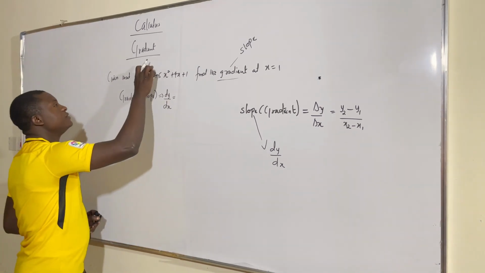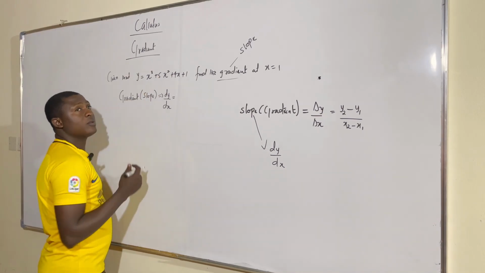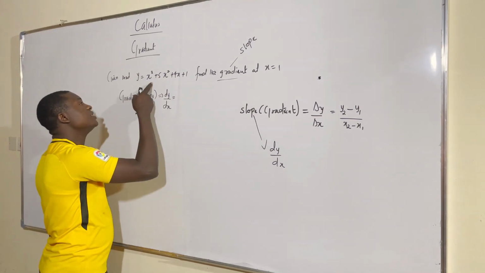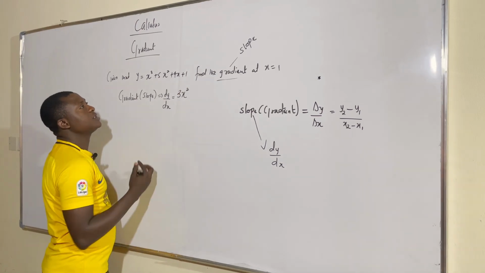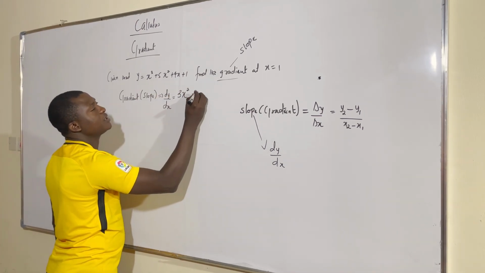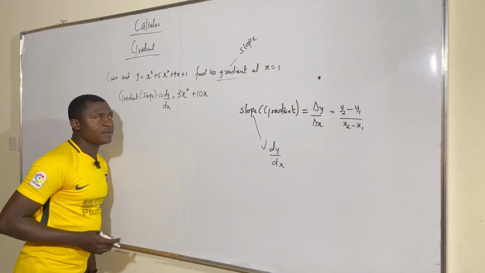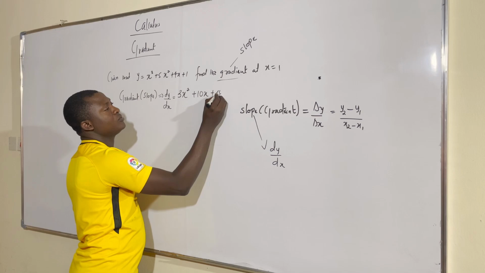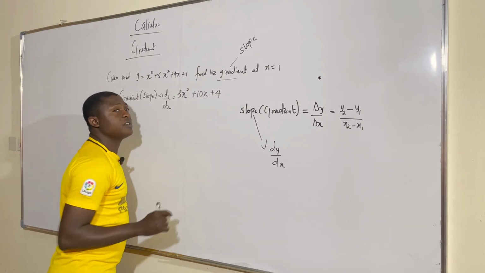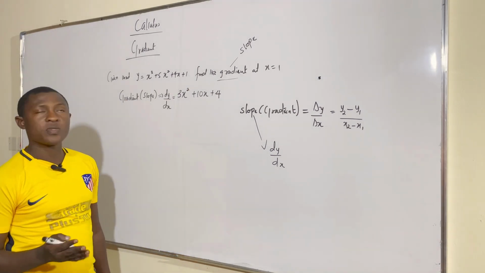Now the differential of x cubed is 3x squared, the differential of 5x squared is 10x, the differential of 4x is 4, and the differential of a constant is 0.